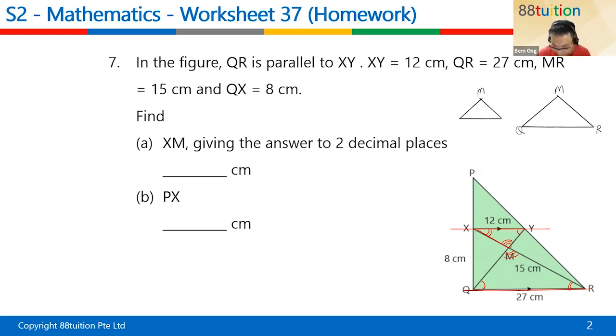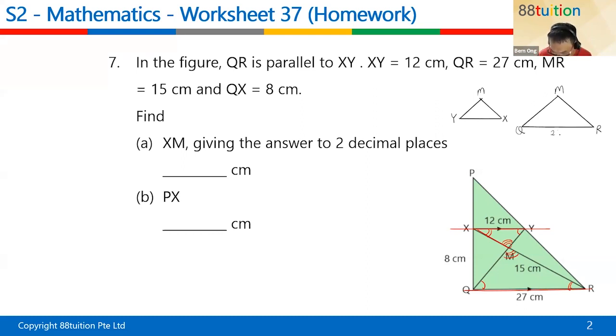Q is equal to Y, so Y must be here. And R is equal to X, so X must be here. Children, can you see? I purposely draw out because I'm scared I cannot see. Usually I'll just draw out in order to understand.